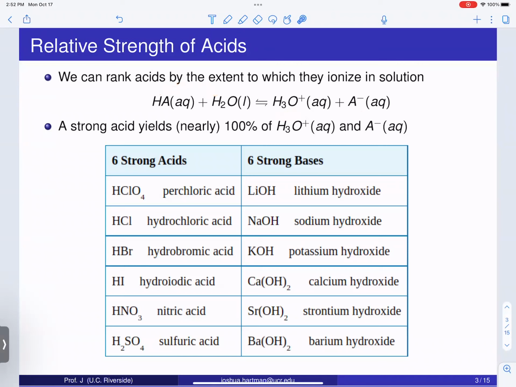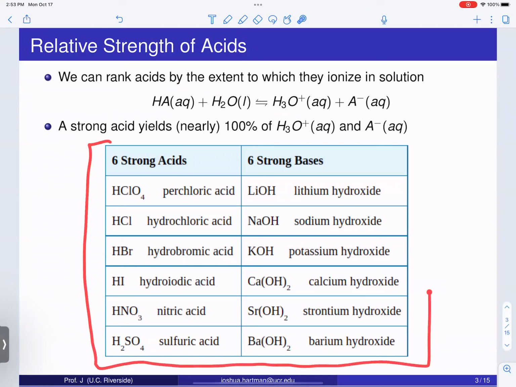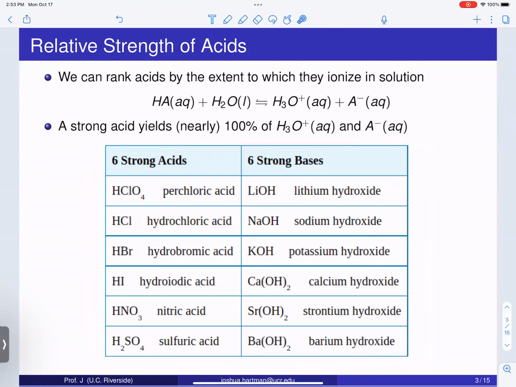And in previous classes, your earlier general chemistry studies, you largely dealt with strong acids or bases. And you probably memorized a list that looks something like this one right here in front of us. These strong acids and bases, essentially by definition, yield nearly 100% hydronium or A- ions once you place them in solution.